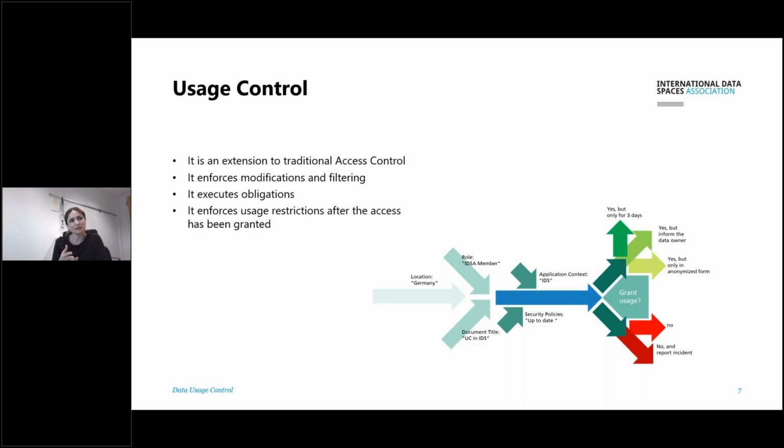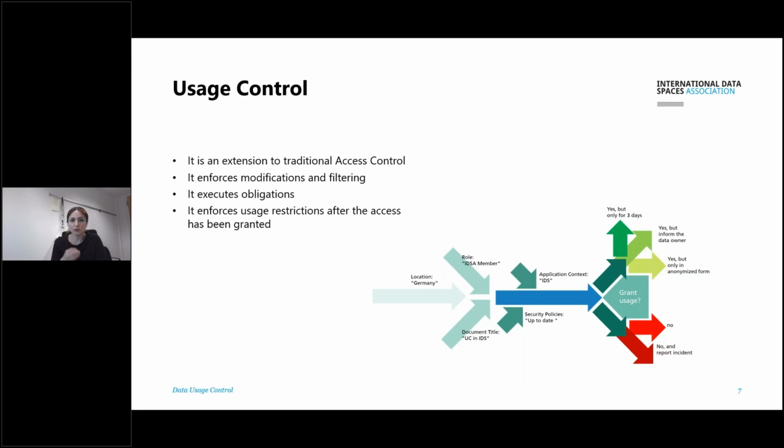So look at these examples. The question is not only whether to allow access, whether the user can use the data or not. So it's not only a yes or no question. The answers are more complex and cover more cases. For example, it can be: yes, but only for 3 days.